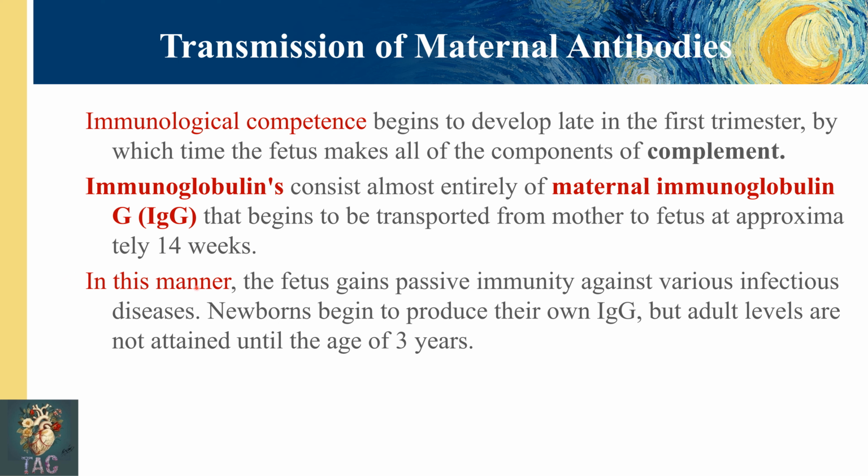So you must remember this is the immunoglobulin G which can cross the placental barrier. This is again your MCQ. In this manner, the fetus gains passive immunity against various infectious diseases. The newborn begins to produce its own immunoglobulin G, but adult levels are not attained until the age of 3 years. Again, another MCQ.